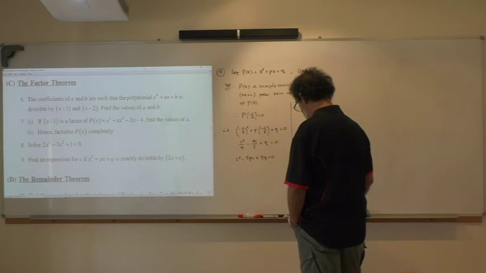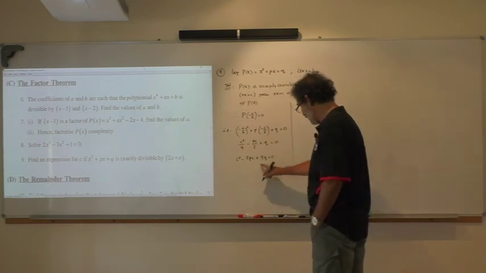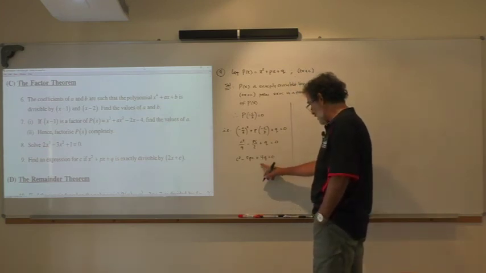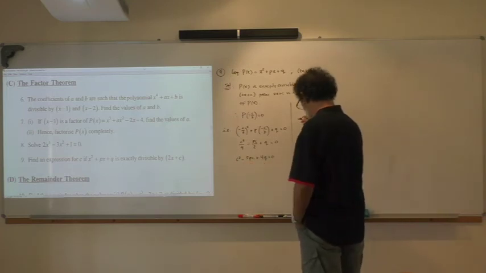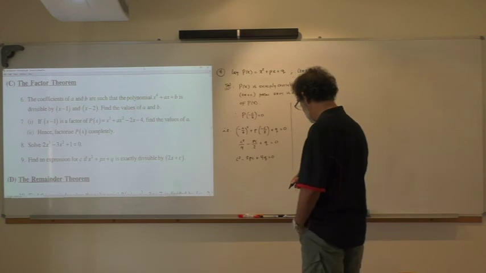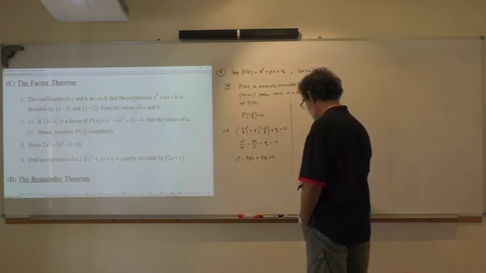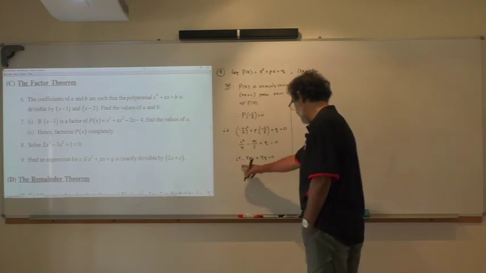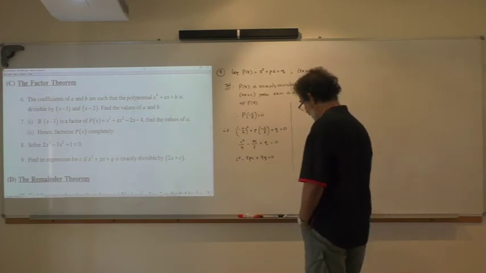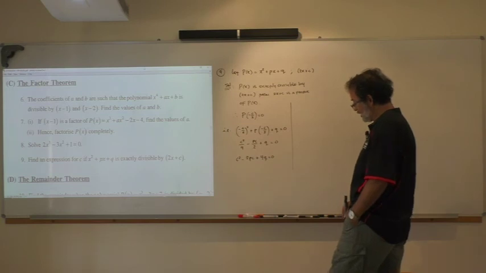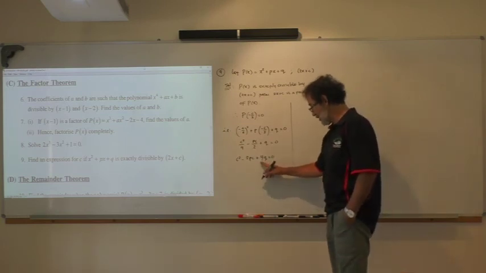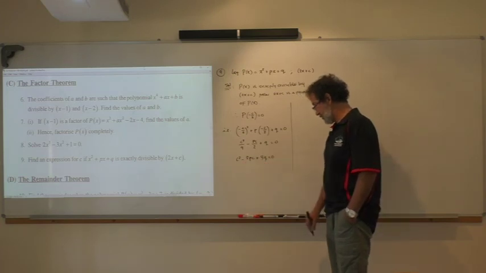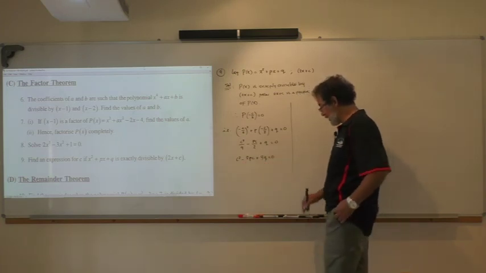So we're looking for two numbers that when you multiply them together equal 4, and when you add them together equal minus 2. Do we have any? If not, then we're going to have to use the quadratic formula. Unfortunately, we don't have any two numbers that multiply to 4 and add to minus 2, so we're going to have to use the quadratic formula.